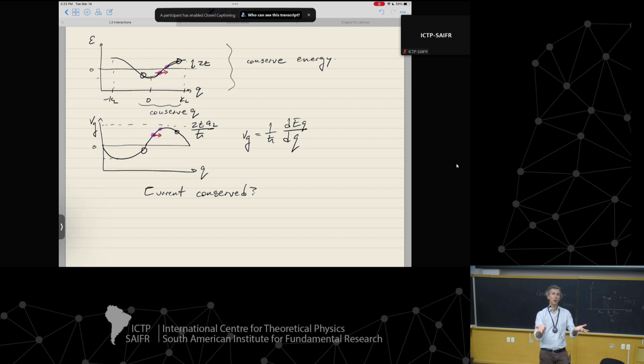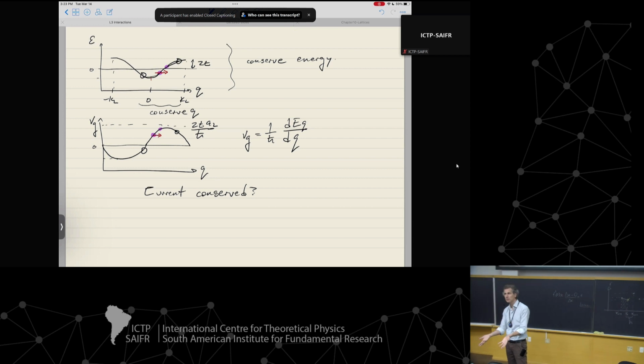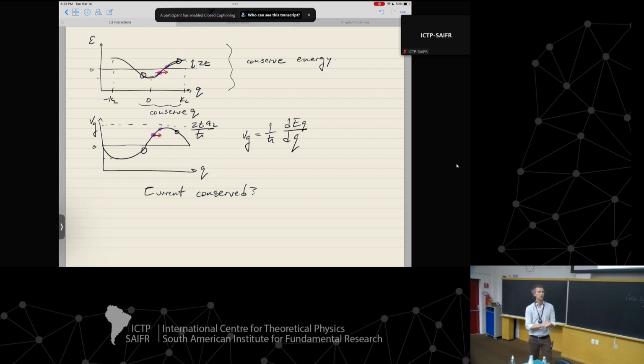In free particles, you know that the center of mass velocity is also conserved after a collision, because if total momentum is conserved in free particles, then total velocity is conserved. Those things are just related by a factor of mass.